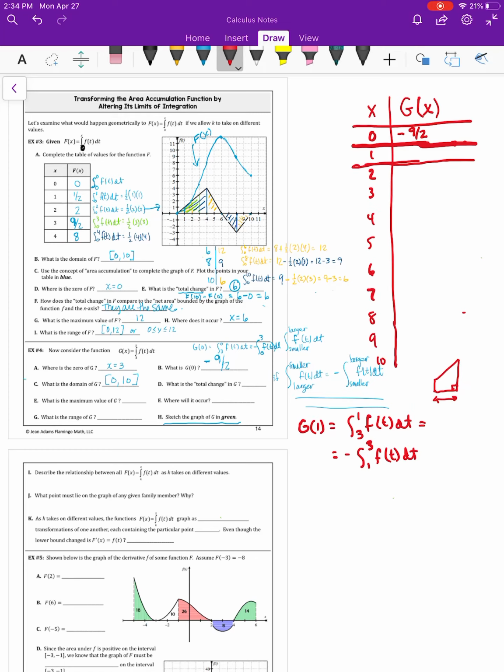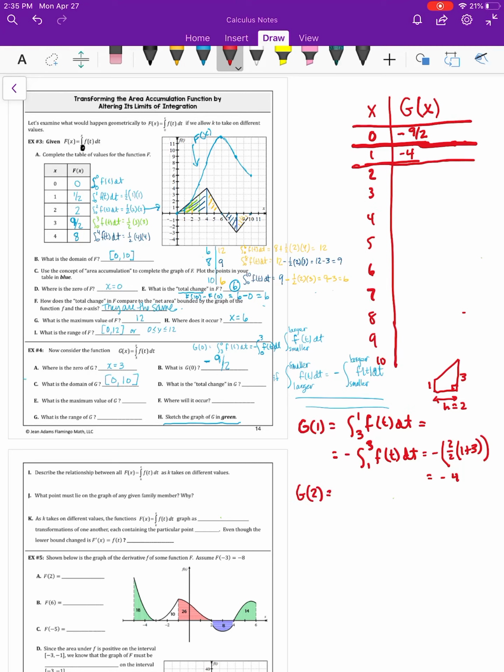This is your height of your trapezoid, which is 2, and your base 1 is 1, and your base 2 is 3. So this is going to be negative, height divided by 2 times base 1 plus base 2. So this is going to be negative 4. So for x equal 1, our g of 1 is going to be negative 4.